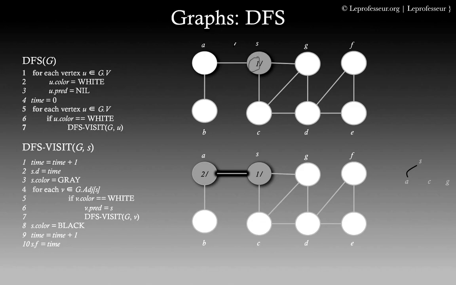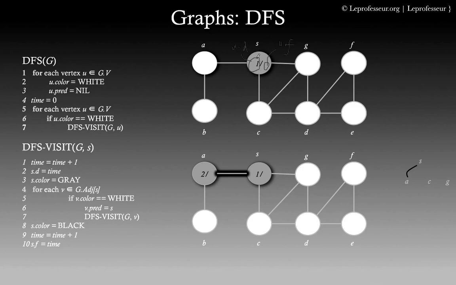This is u dot d, and then a slash, and the time after it, whatever it is, we don't know right now. That will be the final time, when the vertex has been fully visited or fully discovered, or whatever you may call it, or we made it black. So initially we are at S, we updated this time, we made it gray.